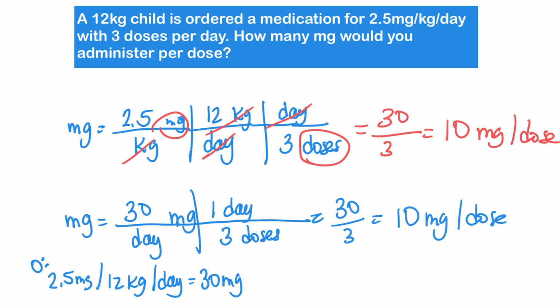Let's just make sure that we have everything crossed out. Yep, and we're left with milligrams per dose. Okay, so it's the same answer. It's just pick a method and stick with it.